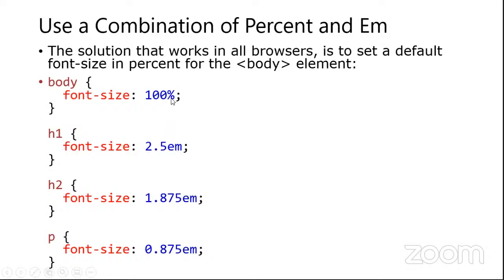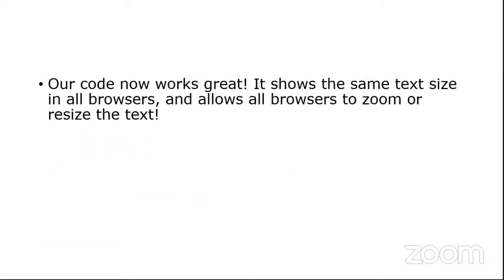We can also define font size percentage in EM, and also we can define font size in pixel. Our code now works great. It shows the same text size in all browsers and allows all browsers to zoom in and resize the text.